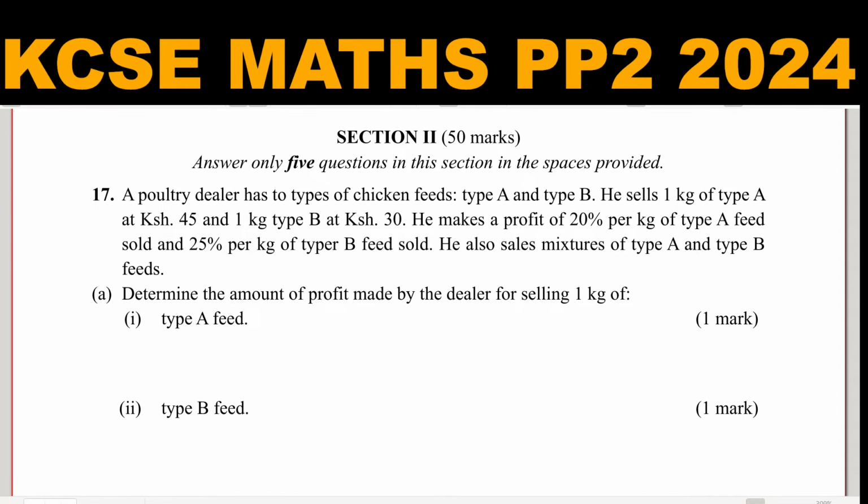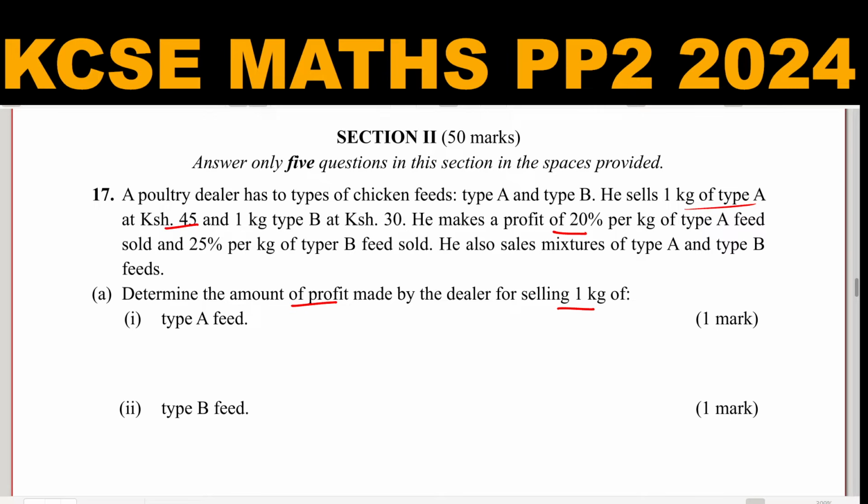Now, the first part, you are required to determine the amount of profit made by the dealer for selling 1 kg of type A. From the statements given, he sells 1 kg of type A at 45 shillings. So that is the selling price. And by doing so, he makes a profit of 20%.